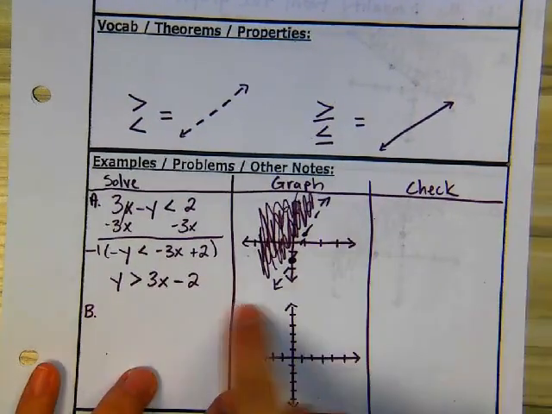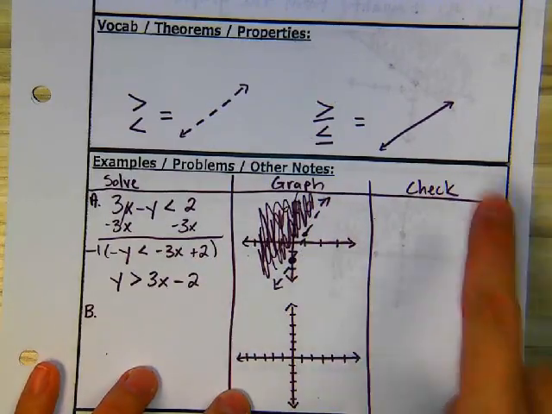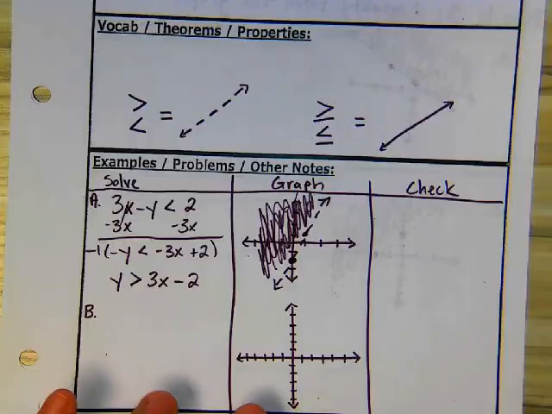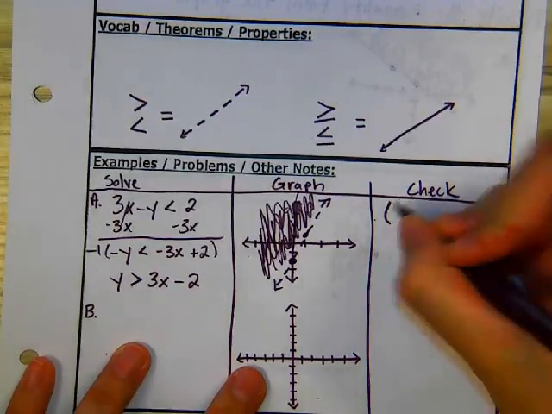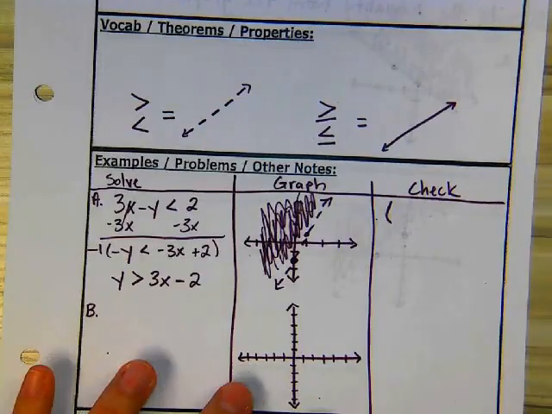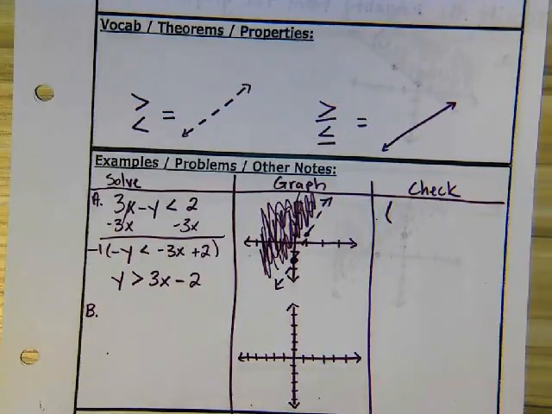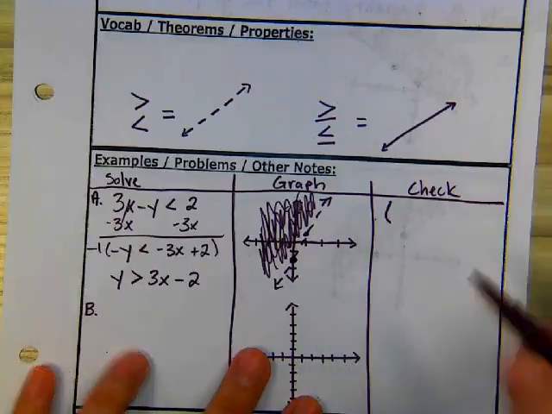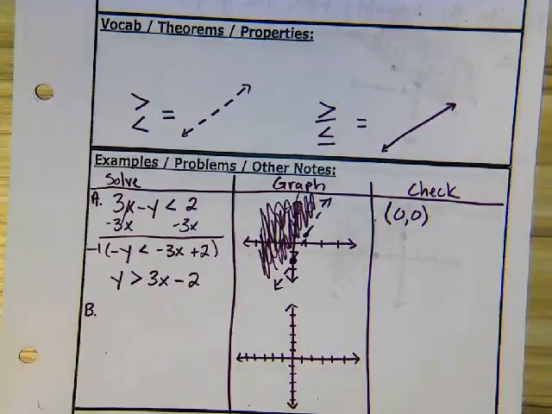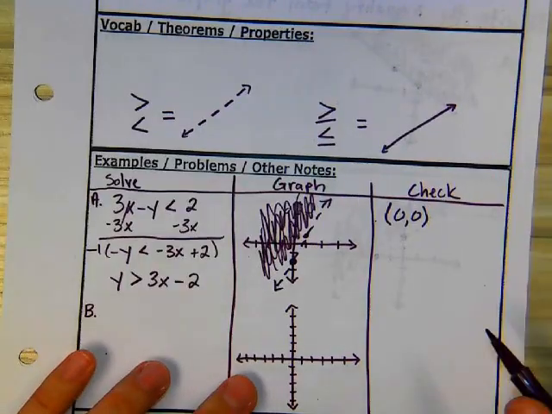So far this is our answer, but we want to check and make sure we're right. To check, we pick a point in our shaded area to see if it works. For example, we can pick the point 0, 0, an easy point to check, and we want to see if it's true.